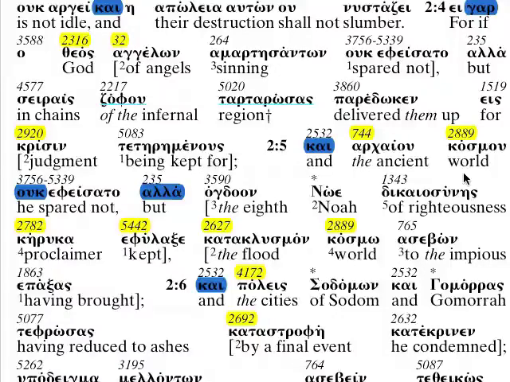And the ancient world, archeu, we have archaeology studying old things, ancient cosmu, cosmos. He spared not, alla, but, and there's a uk, that's not. He spared not. Sometimes it's ouk, and sometimes it's ouch with a chi instead of the kappa, as it is here.